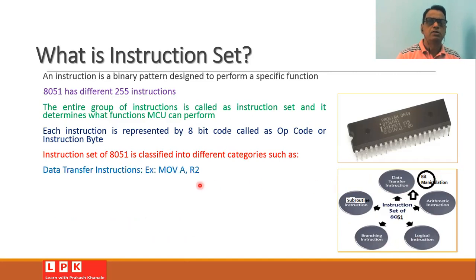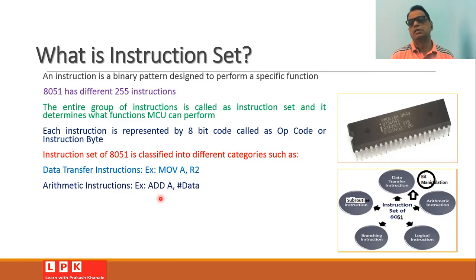Data transfer instructions are used for the movement of data between the registers, or between the accumulator and register, or from a memory location to the accumulator.